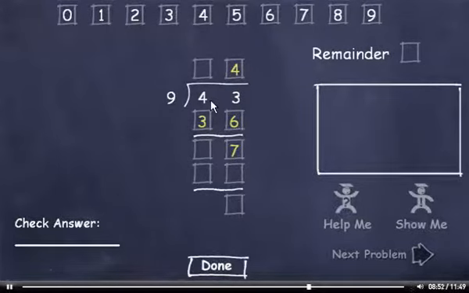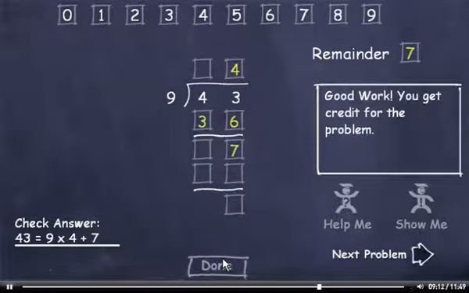I borrowed from this 4, so it's now a 3. 3 minus 3 is 0. 7 goes in the remainder box. The answer is 4 remainder 7. I'll click the Done button and move on to the next question.